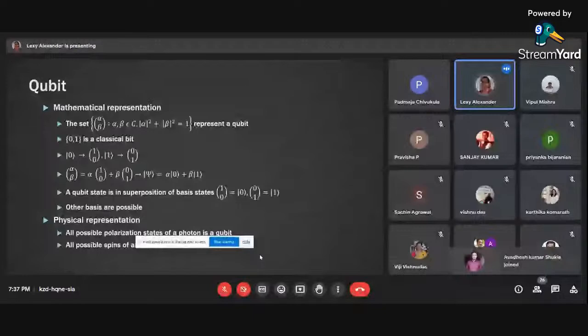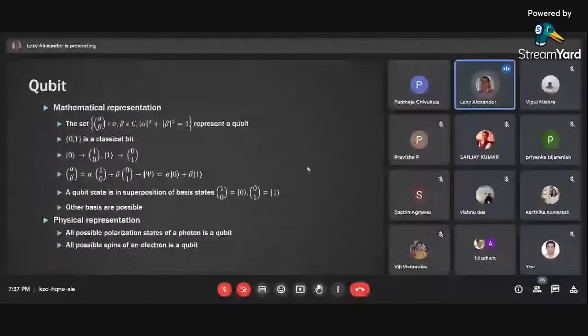So a qubit is therefore a pair of complex numbers alpha and beta with the condition that mod alpha squared plus mod beta squared is 1. If we denote the vector (1, 0) as ket 0 and (0, 1) as ket 1, then any alpha, beta is alpha times (1, 0) plus beta times (0, 1).